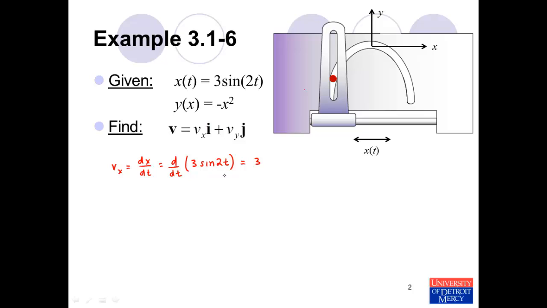When we take the derivative of the sine of 2t, we in essence have to perform the chain rule. We have an outer function, which is a sine, and we have an inner function, 2 times t. If we differentiate the inner function, the derivative of 2t is just 2. And then if we differentiate the outer function, the sine, the derivative of sine is cosine.